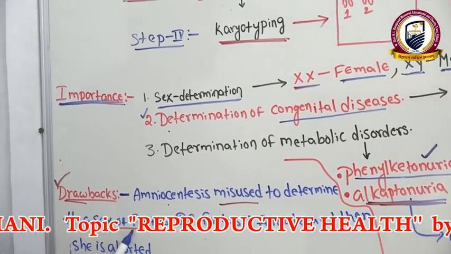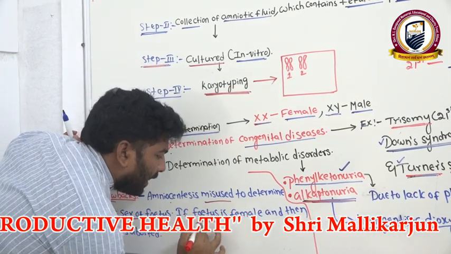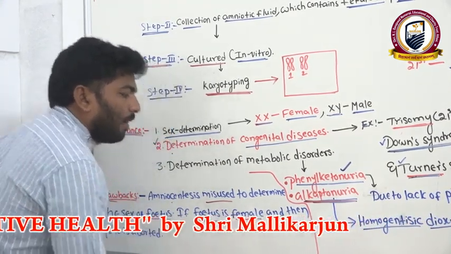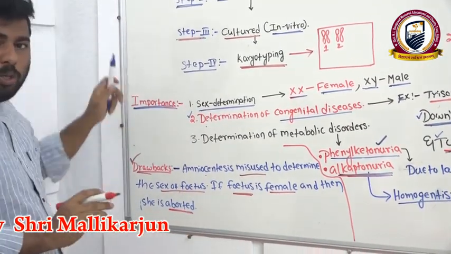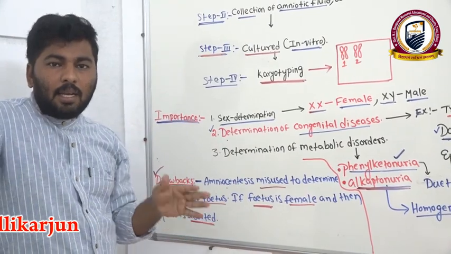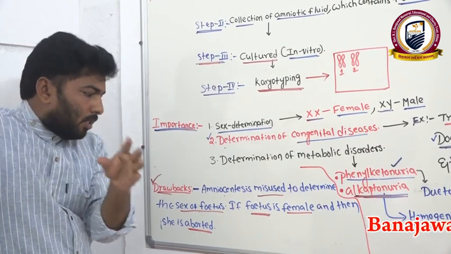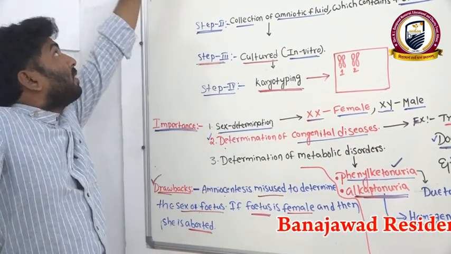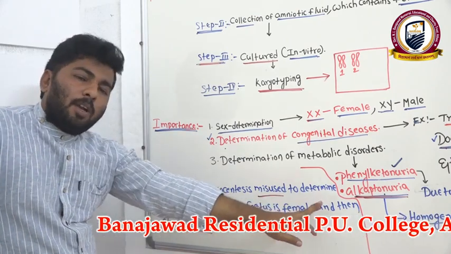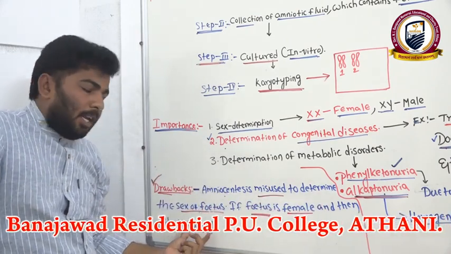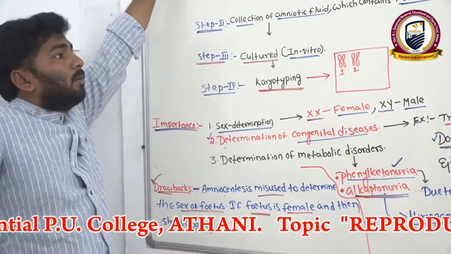Again you are saying it is a desired drawback, because the reason is if the person identifies the fetus is female, then she is aborted. I told you that illegal female feticide is mainly caused by using amniocentesis to identify the female fetus. After that we are killing mostly the female fetus. That is also one of the drawbacks of this amniocentesis.